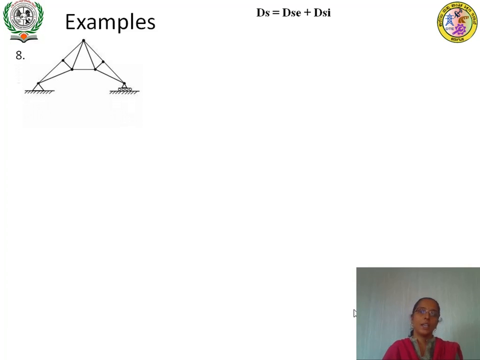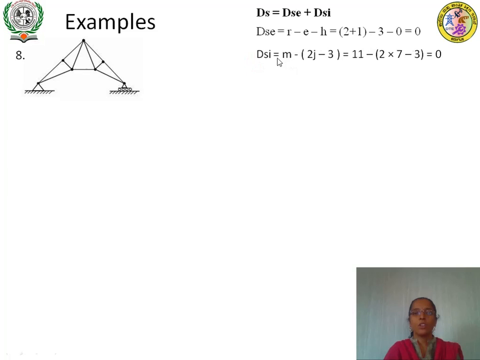So let us take examples on truss now. This is a truss. So one end is fixed, hinged, and the other is on the roller. So total number of reactions will be 2 plus 1, 3. So externally indeterminacy equation is R minus E minus H, 3 minus 3 is 0. And the equation to calculate internal indeterminacy is M minus 2J minus 3.